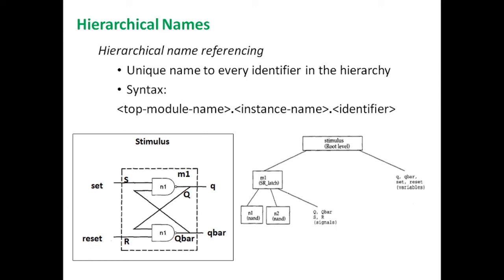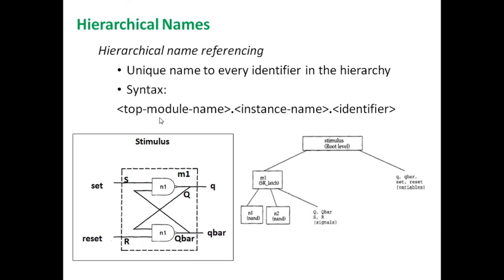If I want to identify any identifier, there will be some process such that I can point out a particular identifier. This process is nothing but hierarchical name referencing.